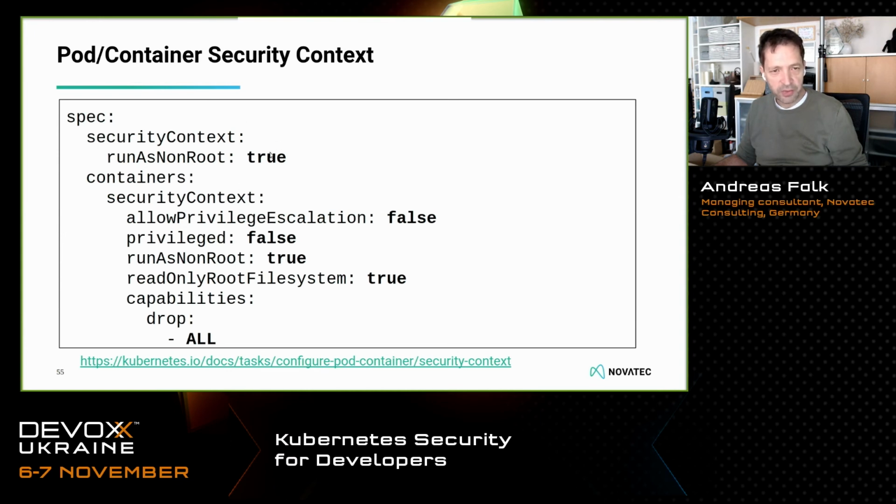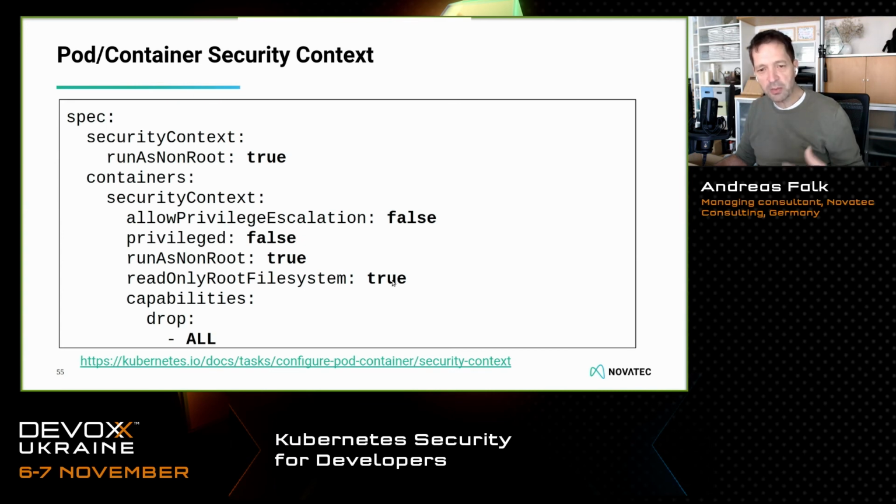So the whole thing here is for the whole pod. And this thing here beneath is the run as non-root, especially for a container, because you could have several containers. So you can already restrict your whole pod from running as non-root. Then also the recommendation is to use read-only root file systems.